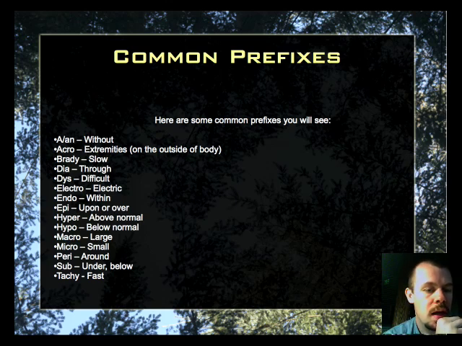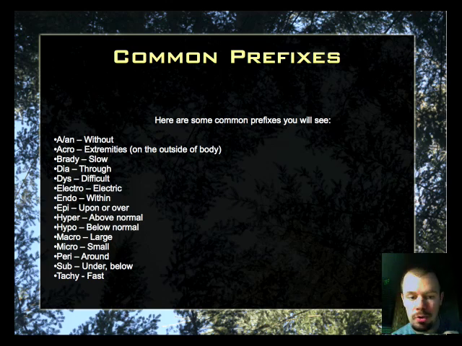Okay. Epi, as in like epigastric region. It's just referring to the top part of your digestive system. Hyper, above normal. Hypo, below normal. Macro, large. Micro, small.